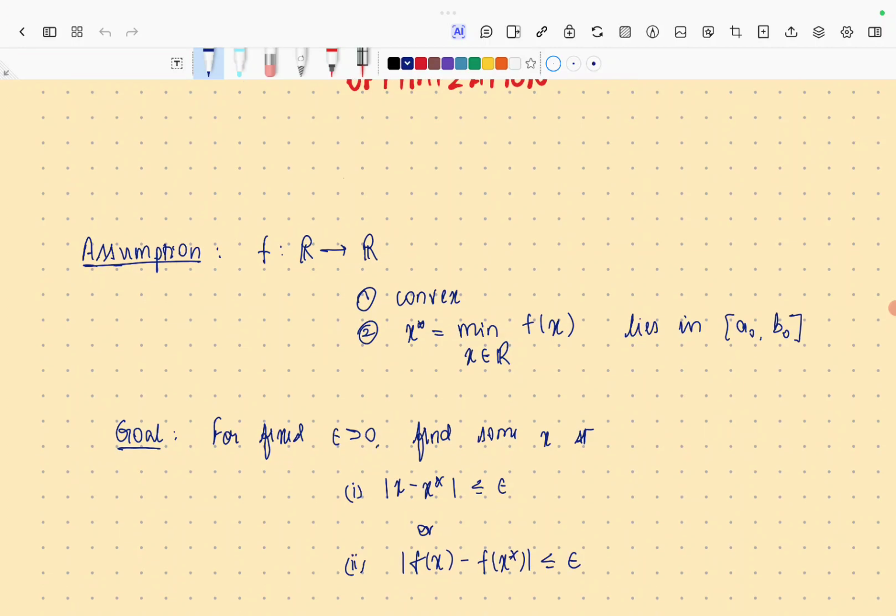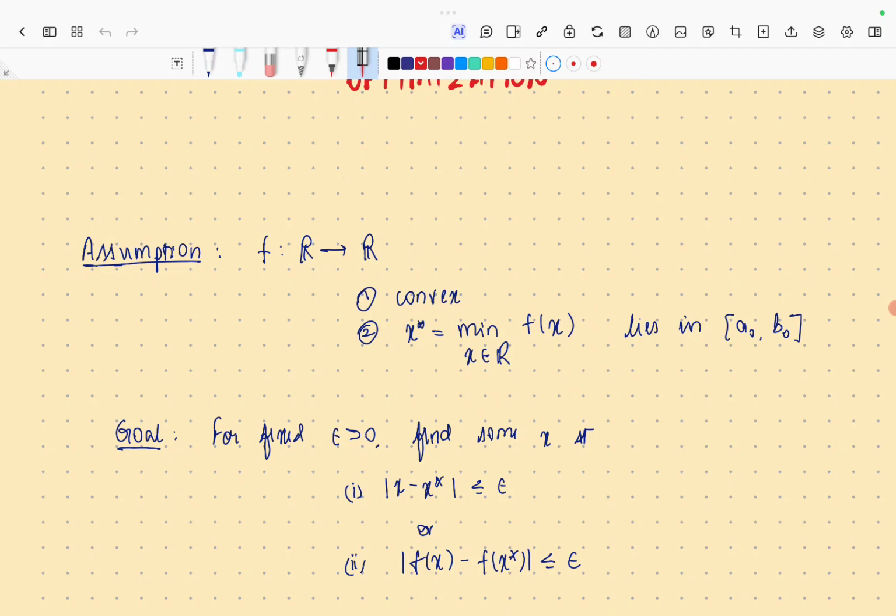So one reasonable assumption to make is, of course, let's start with functions over R, and slowly we'll use this to build algorithms for functions that are defined over Rn. All right. So one assumption to make could be that f is a convex function, and the other assumption that we'll require is that we have some sense of where the minimum lies.